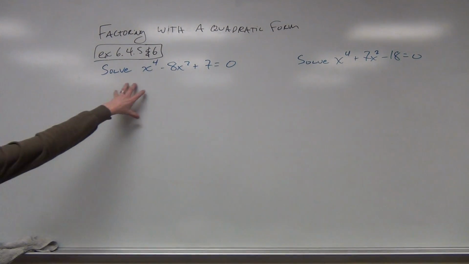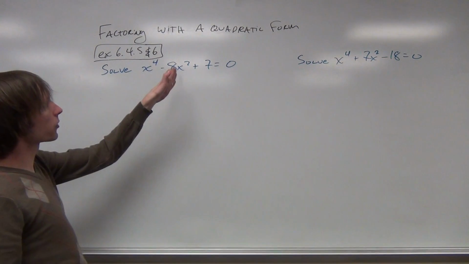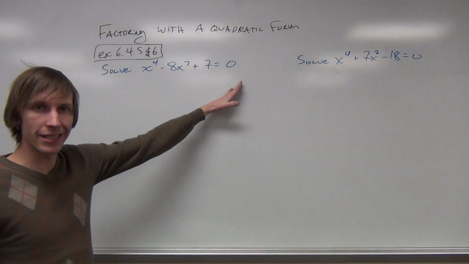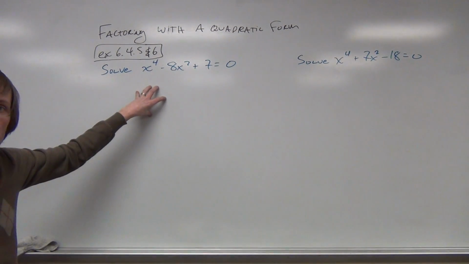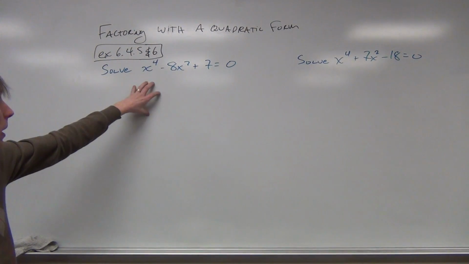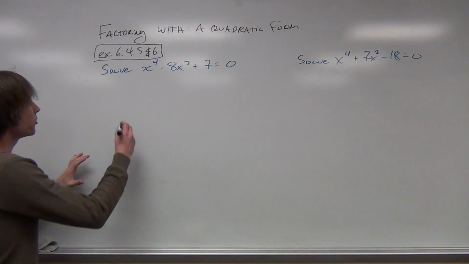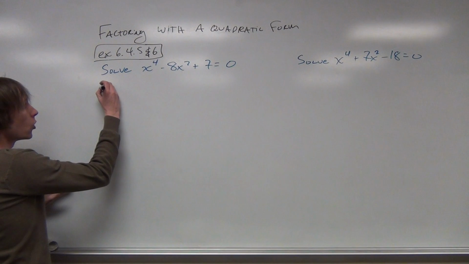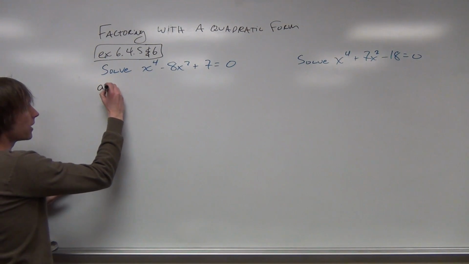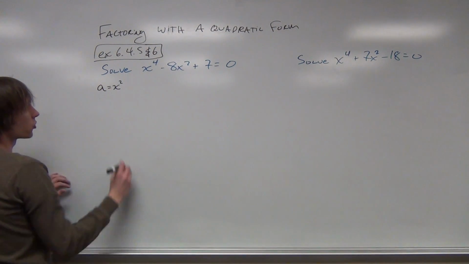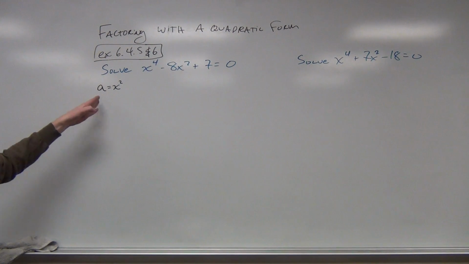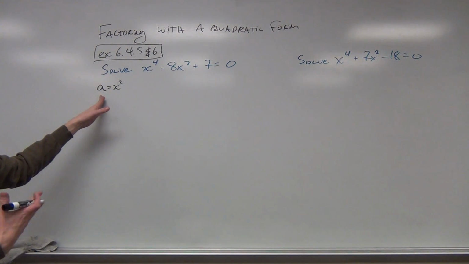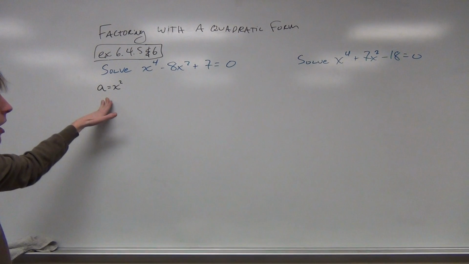So the first process comes here. We've got x to the fourth minus 8x squared plus 7 is equal to 0. If we're going to solve this using factoring, what we want to do is a little bit of substitution. We're going to go ahead and say that a is equal to x squared. Some letter, you could use a, b, y, or z, it doesn't matter.